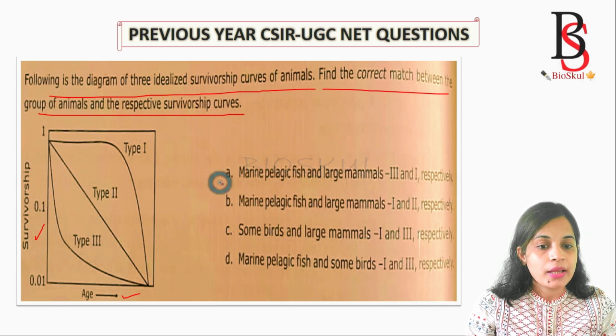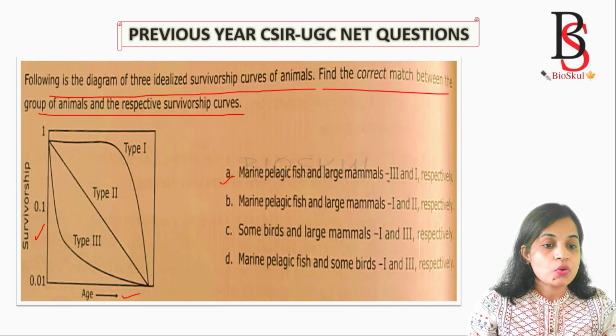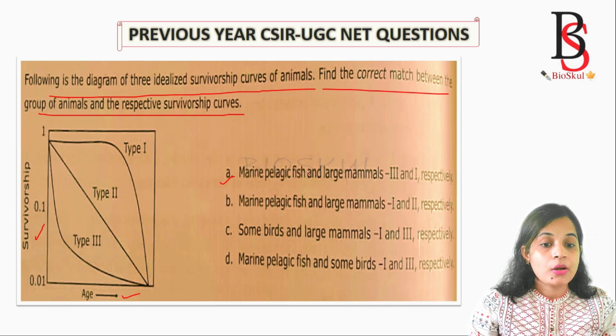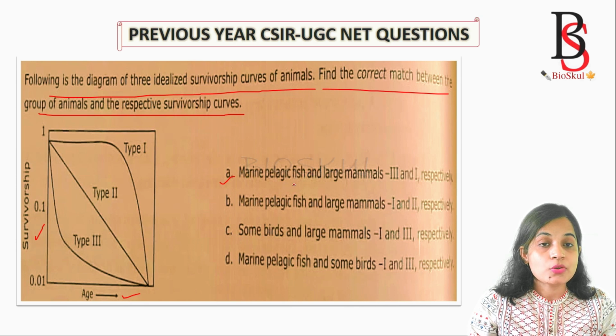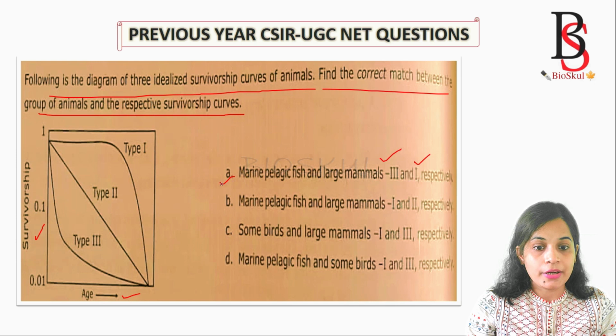Option A: marine pelagic fish and large mammals show type 3 and type 1 survivorship curve respectively. The pelagic fish show the type 3 survivorship curve, whereas the large mammals show the type 1 survivorship curve. This option is correct.